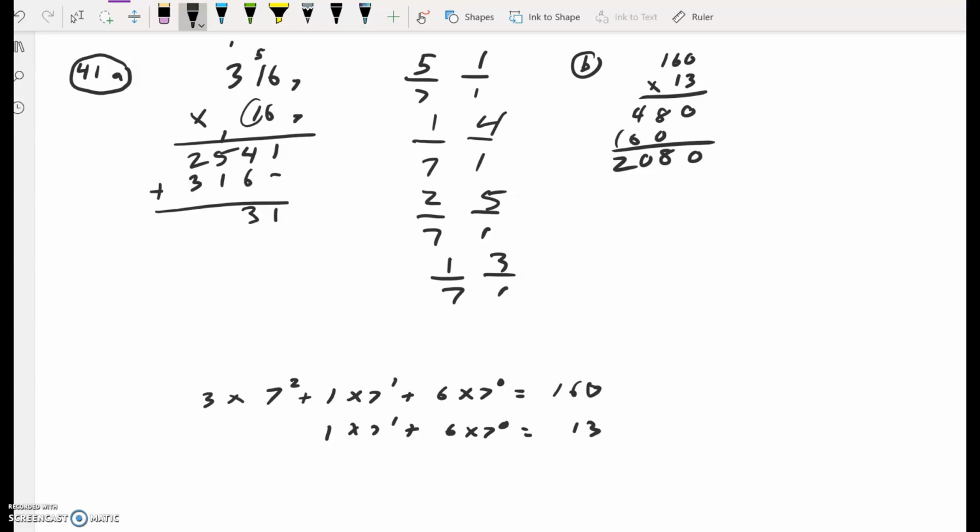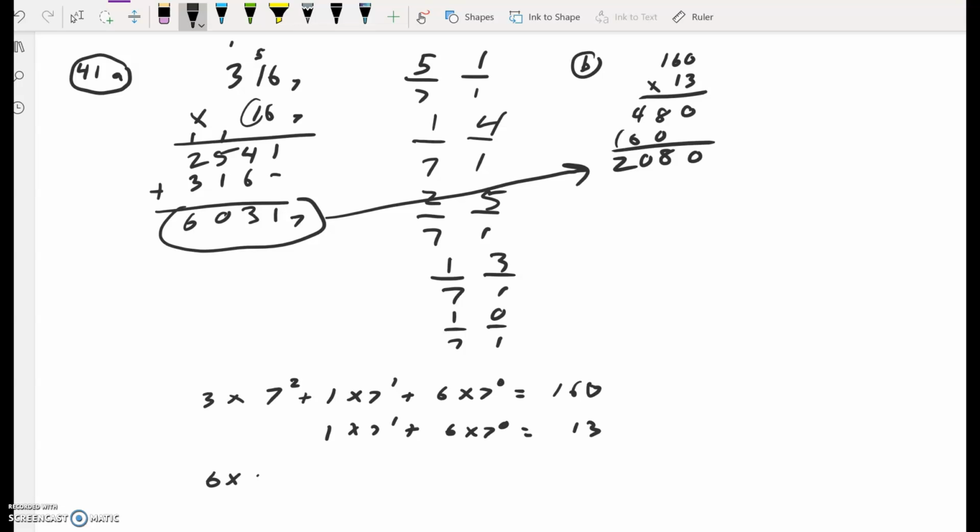I can't write a 7 in base 7. So how do you write a 7 in base 7? Well, it's one of these and none of these. It's 1, 0. 1 plus 2 plus 3 is 6. So I think I'm getting a 6, 0, 3, 1 base 7. The question is, does that equal 2080 in base 10?